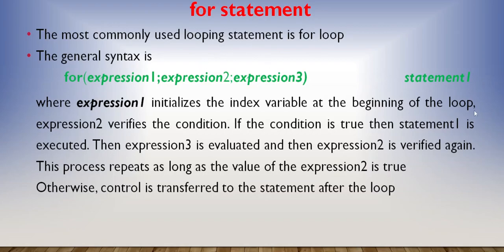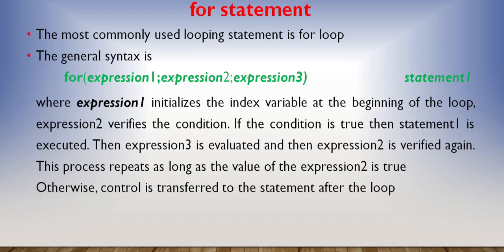If it is true, again the statement is executed, again expression 3, again expression 2. So this process repeats. Usually we use the for loop when we want to execute certain statements a fixed number of times, 10 times, 20 times.